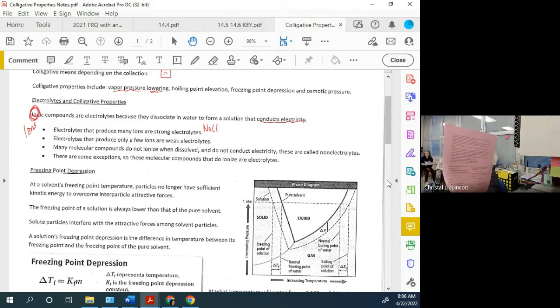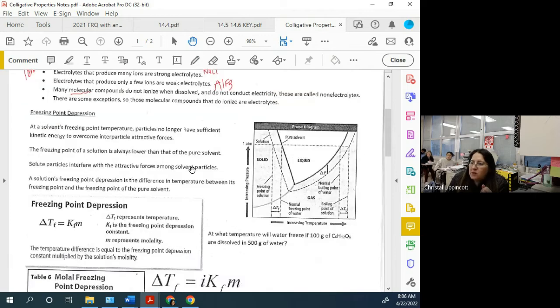So one of those examples on here is aluminum fluoride, okay? So aluminum fluoride would be a weak electrolyte because it's not going to come apart very much, so therefore it's not going to conduct much electricity. Molecular compounds, so things that are covalently bonded, do not ionize. They don't conduct electricity. They're not electrolytes. There are some exceptions, but very few.